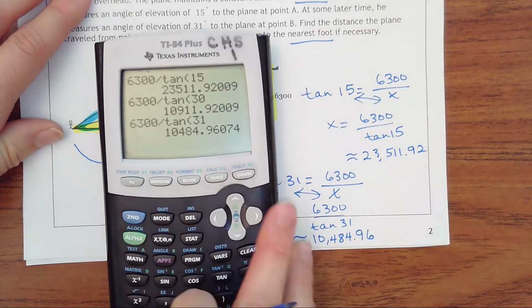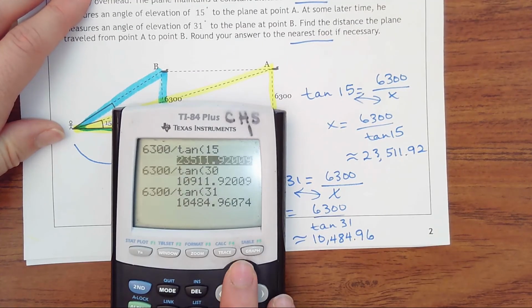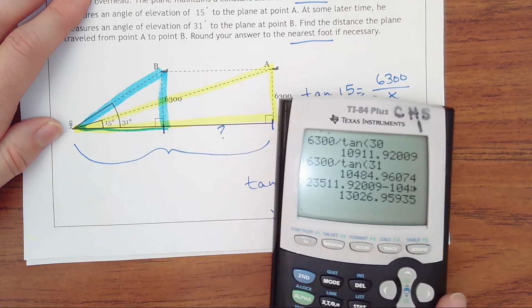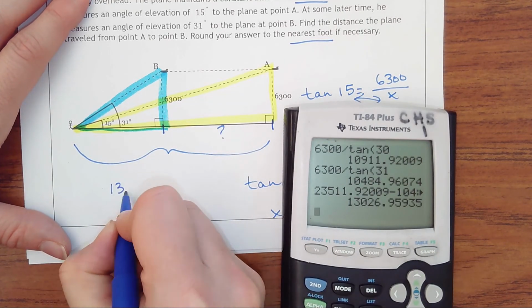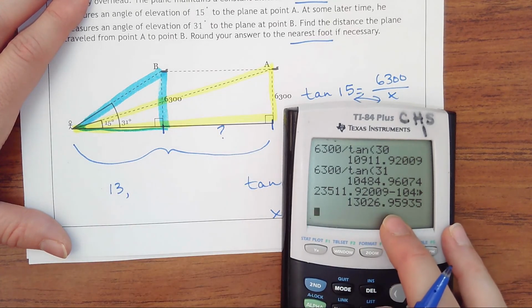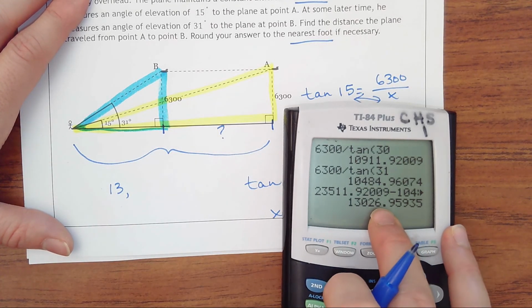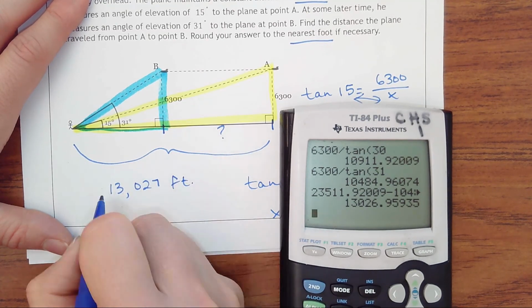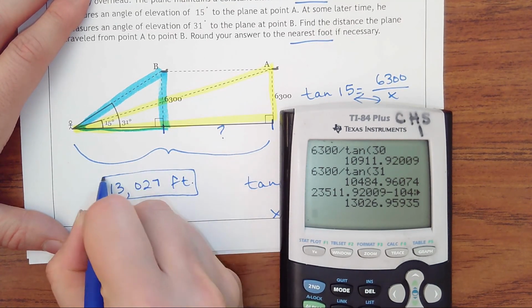I'm going to subtract those two things. And I get 13,000. Let's see, nearest foot to that 9 would make the 6 round up to a 7, so 13,027 feet. And that's it.